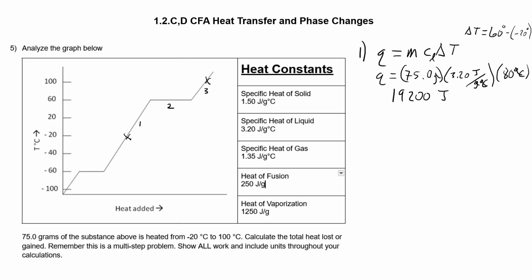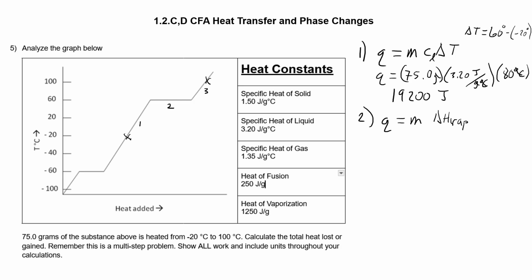All right, let's move on to segment 2. On segment 2, since we are not undergoing a temperature change, we can't use mc delta T here. Instead, we want to use this equation: Q equals the mass times delta H of vaporization.